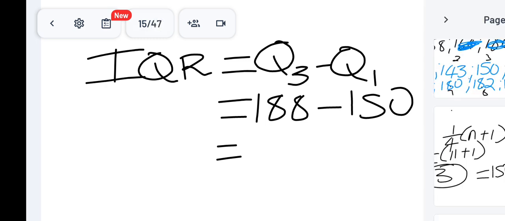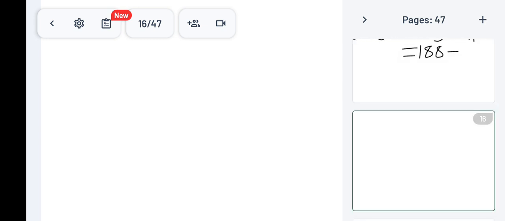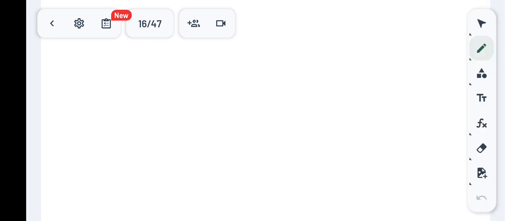Then I want us to talk about outliers and of course standard deviation. Outlier.